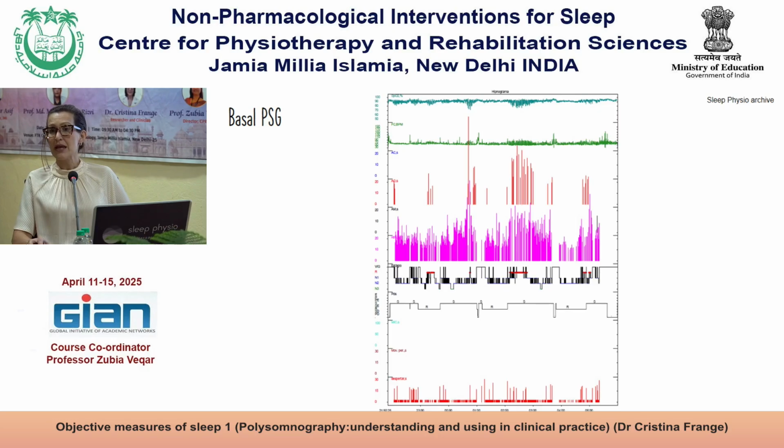So this is a marker. Maybe this hypoxic burden can be a biomarker. We were talking about biomarkers of sleep in the first day. And this hypoxic burden is for sure a biomarker of respiratory events.